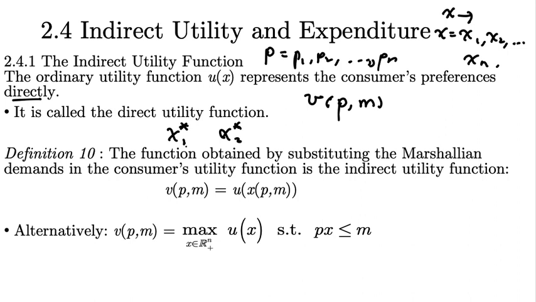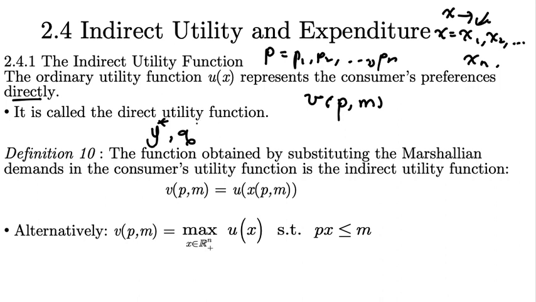This X is not referring to a bundle, this X refers to a good. In order not to confuse you, let's say we have good Y and good Q, for instance.